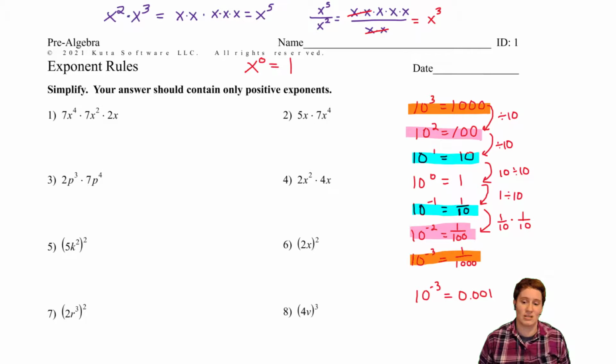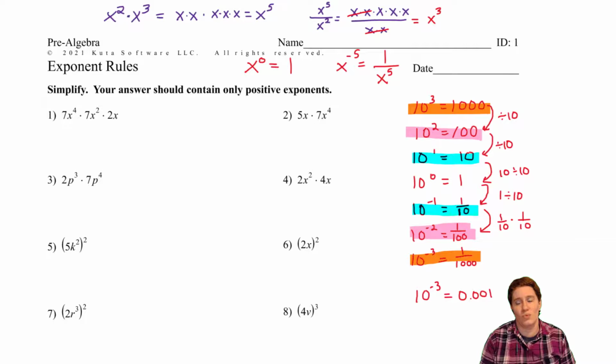So basically, negative exponents end up talking about fractions or reciprocals of what their positive version is. So in general, if you end up with x to the negative 5, for instance, we could say that that's the same as 1 over x to the positive 5.